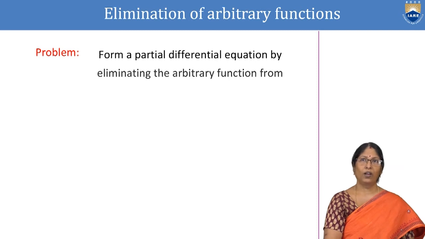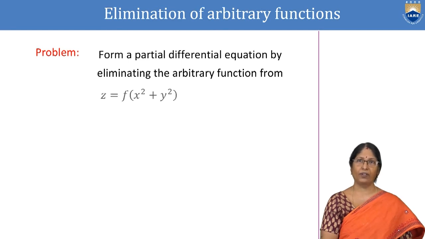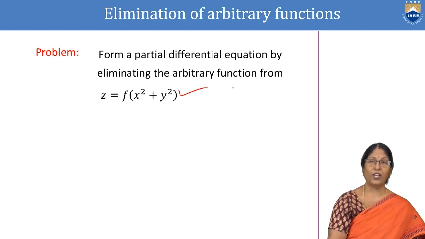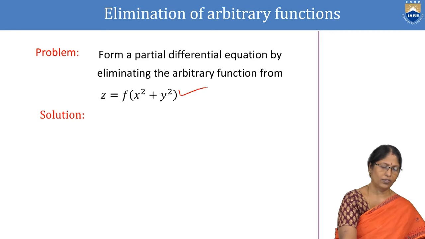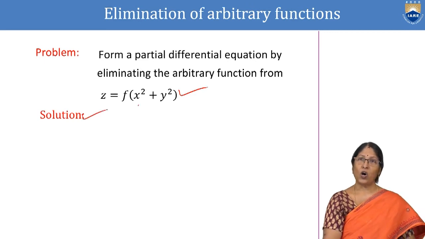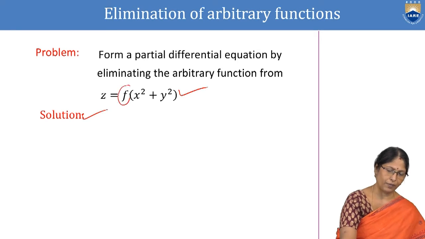So now we are going to form a partial differential equation by eliminating the arbitrary function. This is z equal to f of x square plus y square, which is given. Now solution. The arbitrary function, that is, here f is there.